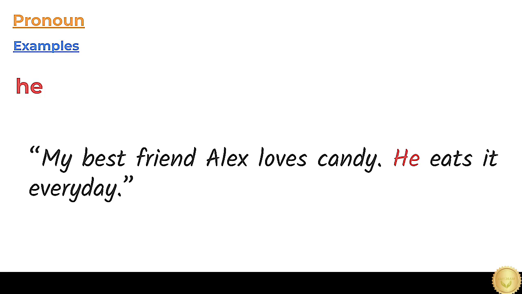So the first sentence, my best friend Alex, Alex being the noun, the person, capital A, proper noun. So now we know what the speaker or the writer is talking about. We're already talking about Alex. So it's perfectly fine to now use a pronoun to refer back to Alex.